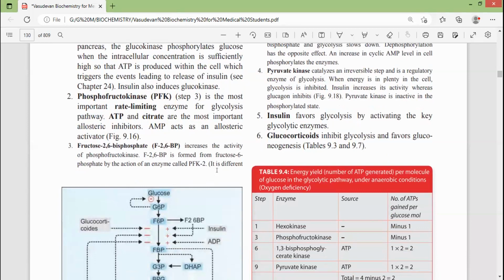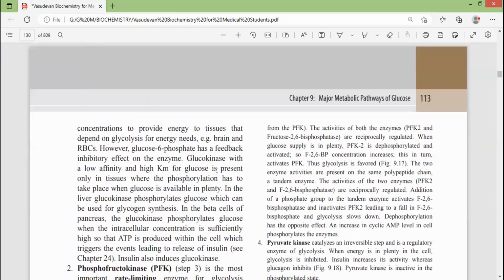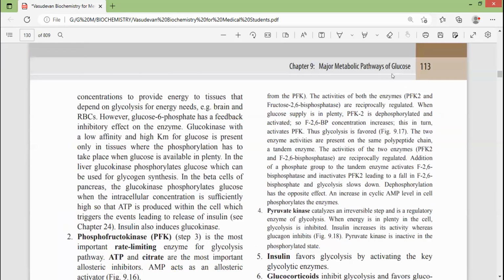So there's a different enzyme. The enzyme for glycolysis is PFK1. Now there's PFK2. This PFK2 forms this fructose 2,6-biphosphate, still acting on fructose 6-phosphate.